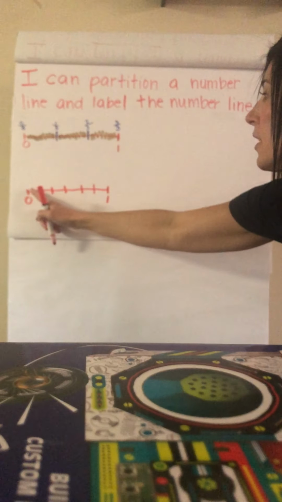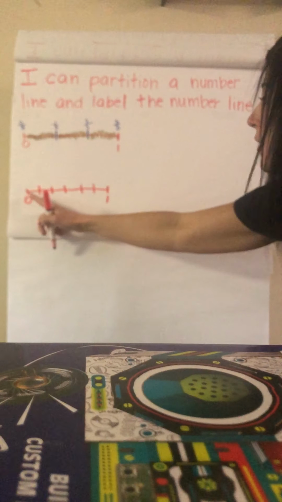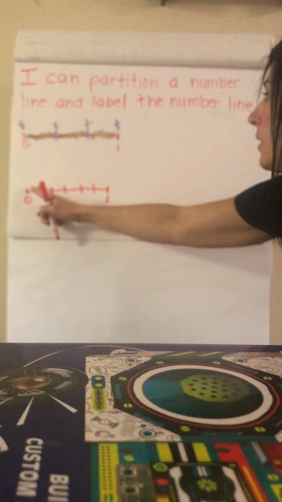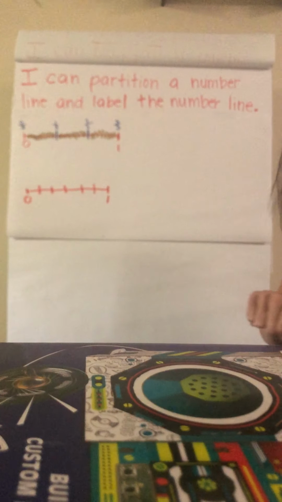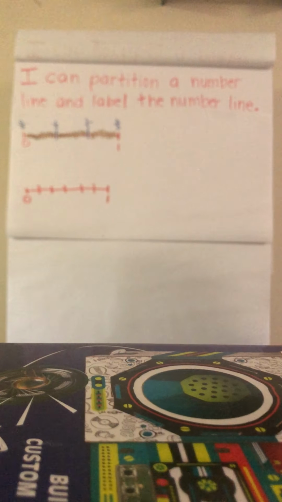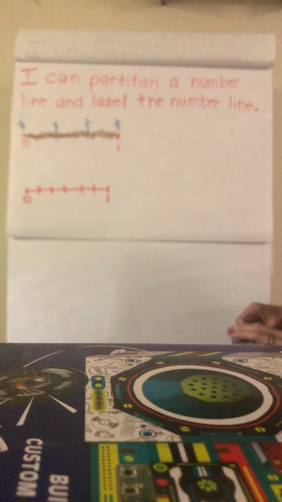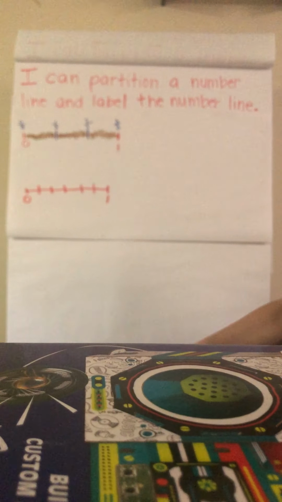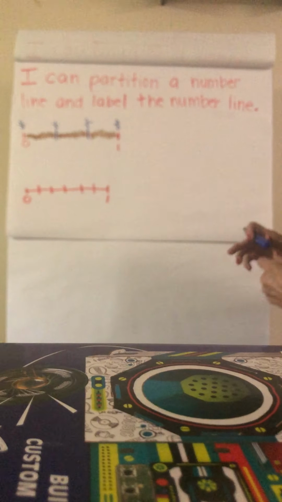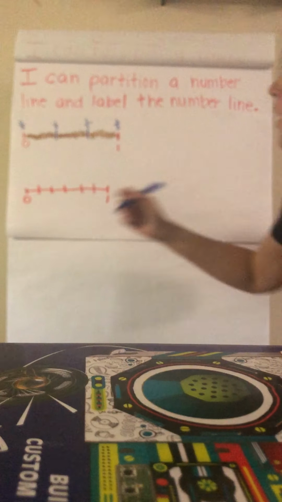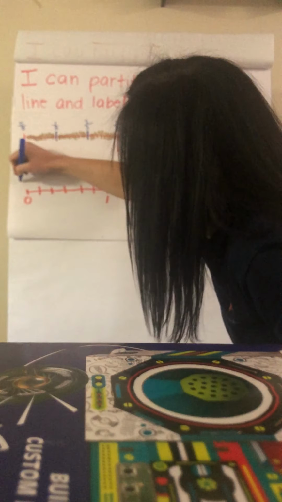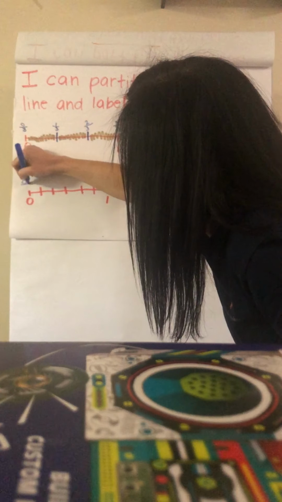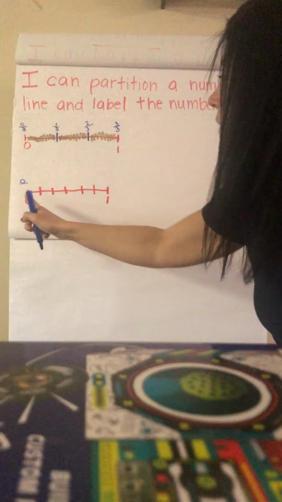And I should, hopefully, after I have broken this number line apart, have 6 pieces. 1, 2, 3, 4, 5, 6. And I do. So let's go ahead and put a label, a fraction label, on each one of our hash marks. So when we're at 0, we know that there are no, and this time we're dealing with 6.